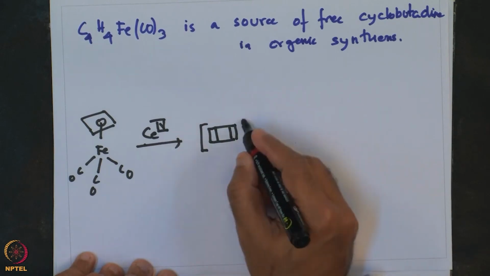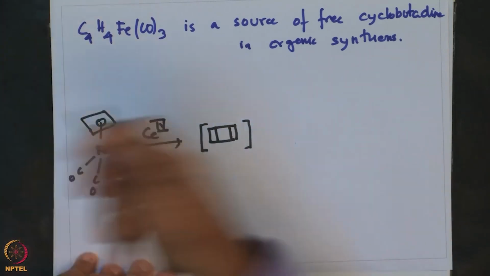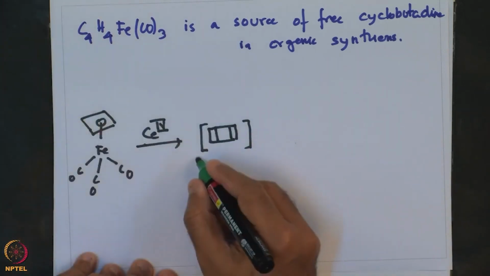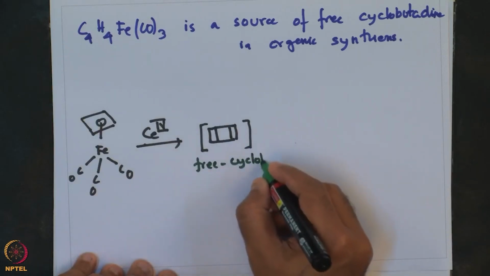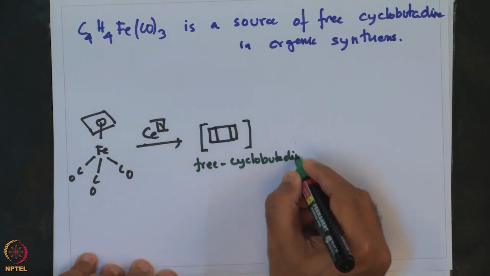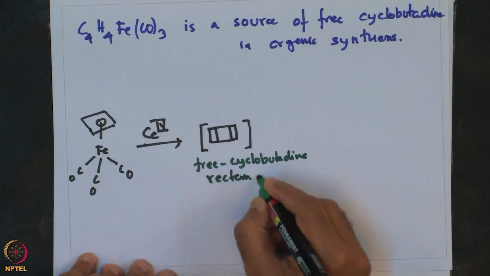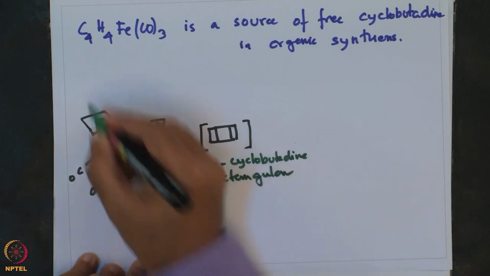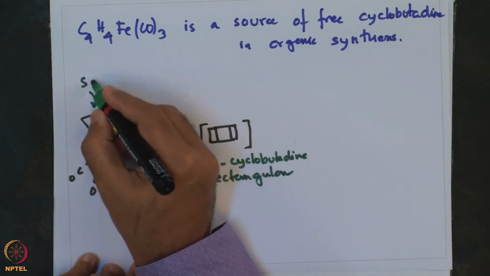Now, please note the structure which is written over here is of free cyclobutadiene, and hence rectangular, whereas this one is symmetrical and bound to the metal, and hence square.